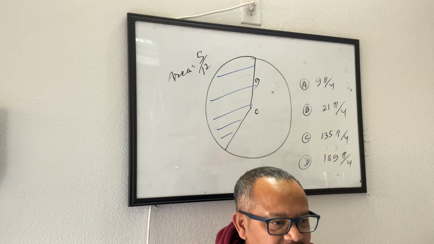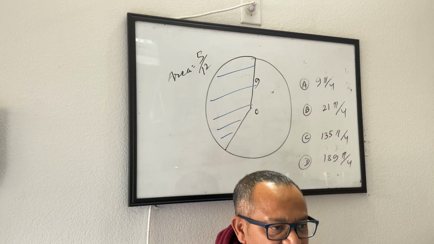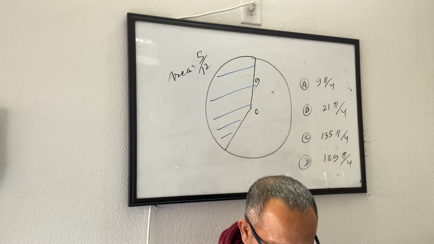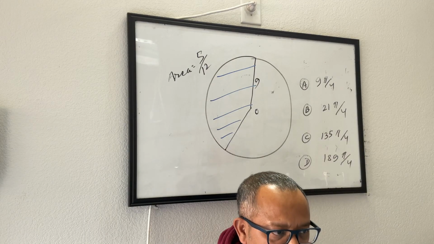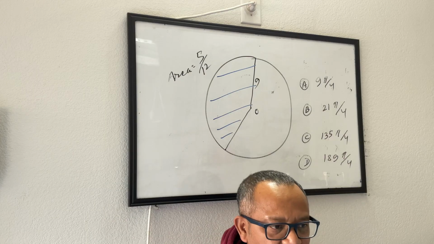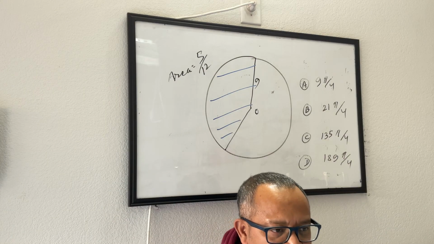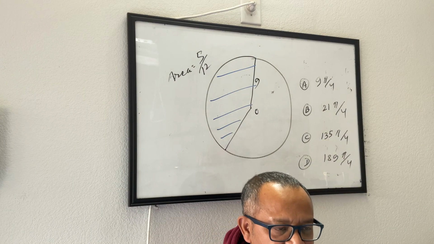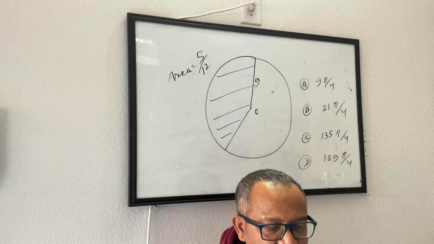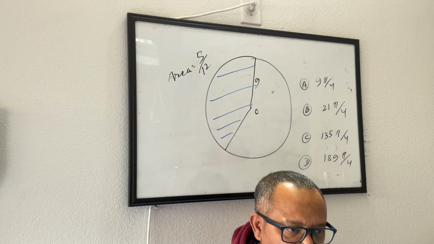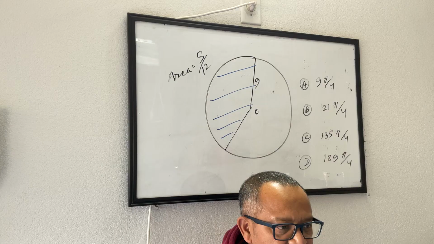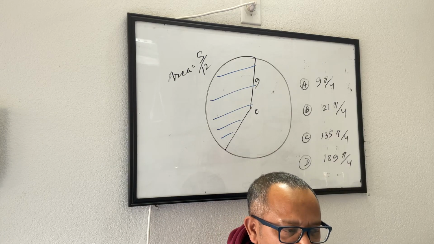Okay? Yes, Samriddhi, you were saying something? I got D. You got D. Okay. How about Ananya? I also got D. You also got D. Okay. Dave. I got D, sir.